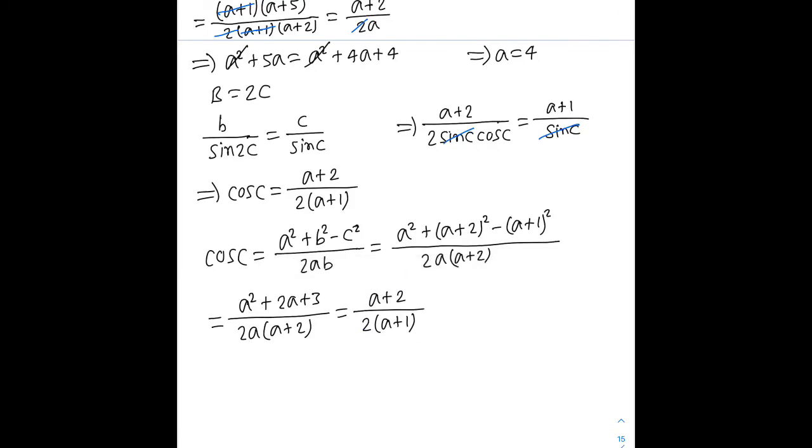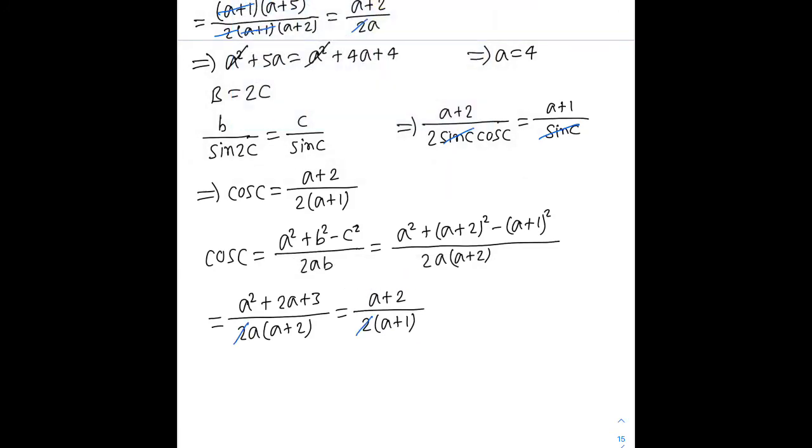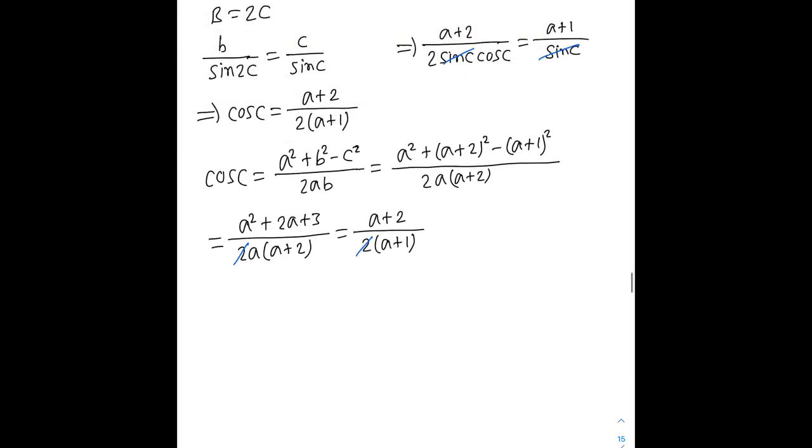When you equate it, you can cancel first of all 2 and 2, then you can multiply. When you multiply by a plus 1, you will multiply by a square plus 2a plus 3, and the right hand side will become a into a plus 2 whole square. A plus 2 whole square is nothing but a square plus 4a plus 4.